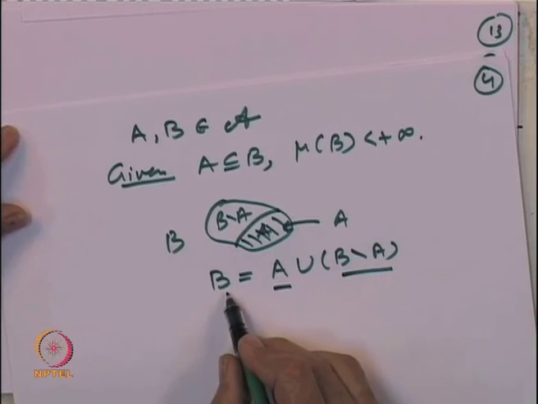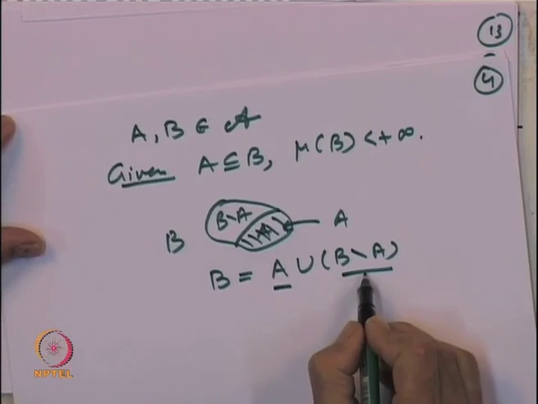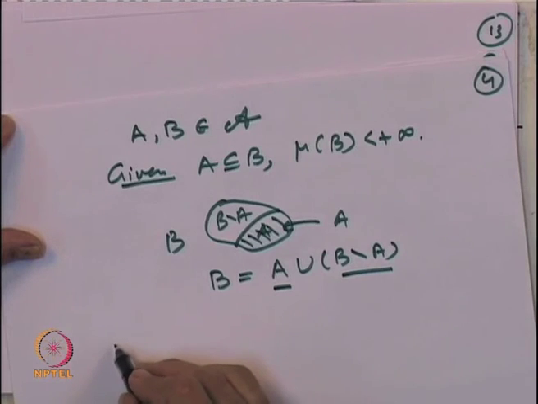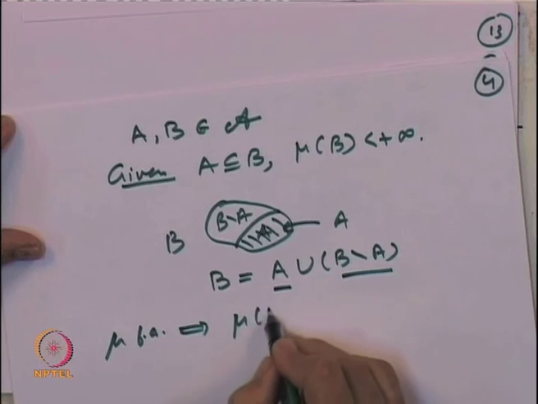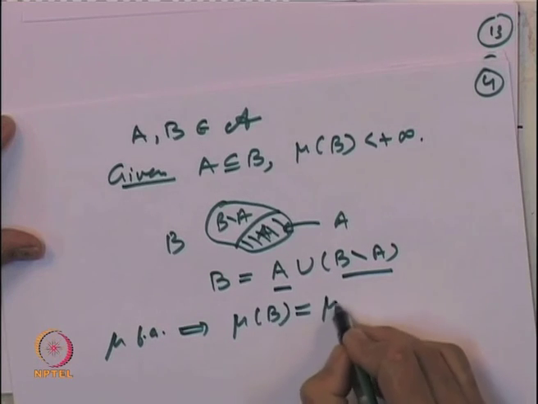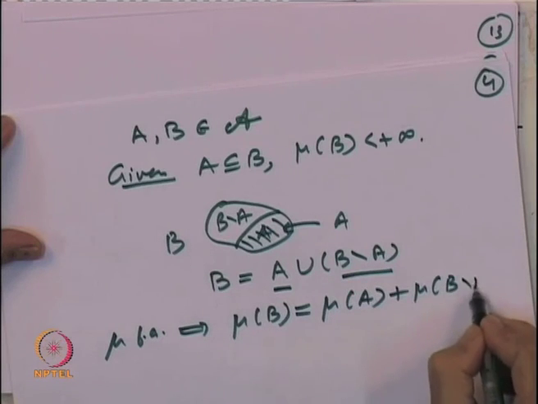So, B is written as a finite union of the two sets A and B minus A, and they are pairwise disjoint, and mu finitely additive implies that mu of B is equal to mu of A plus mu of B minus A.